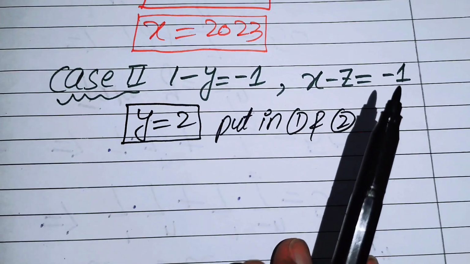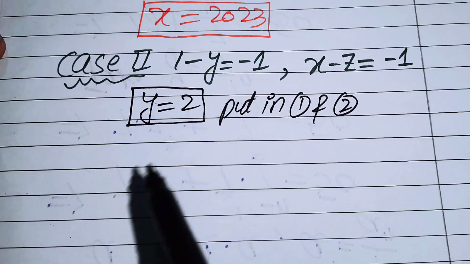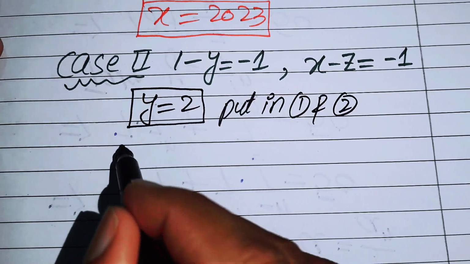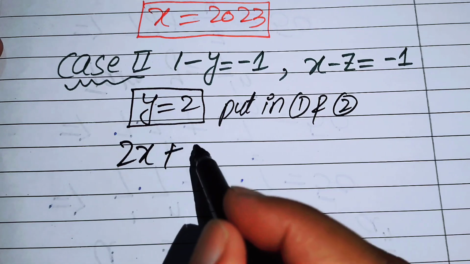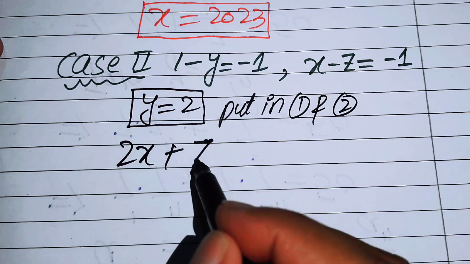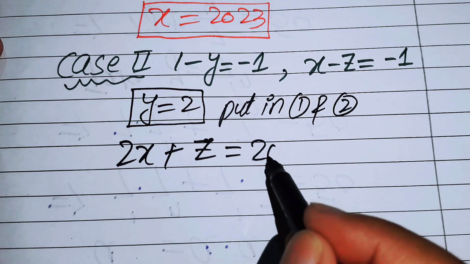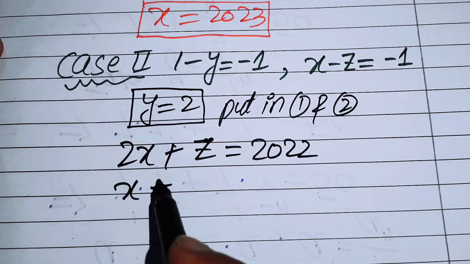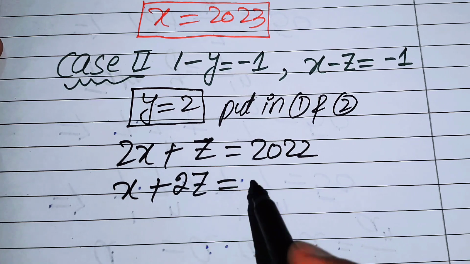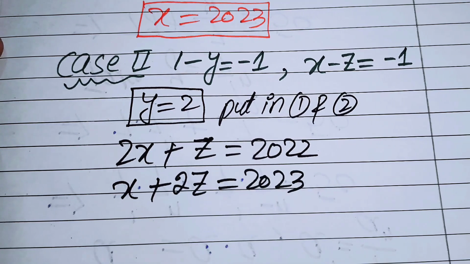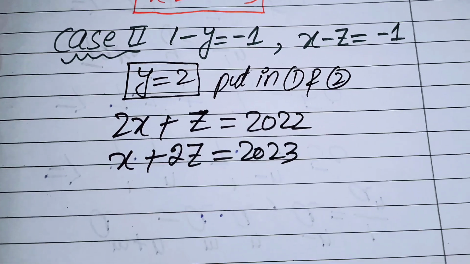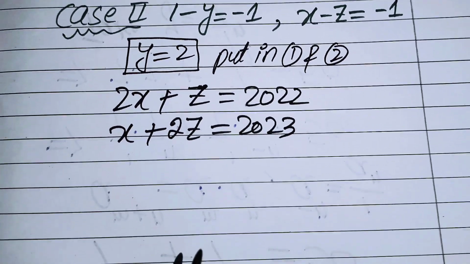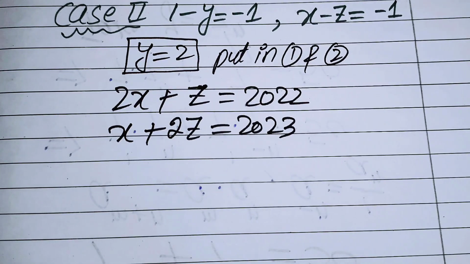So you get the two equations: 2x plus z equals 2022, and the second equation x plus 2z equals 2023. In the next step we will solve these two equations to get the values of x and z.